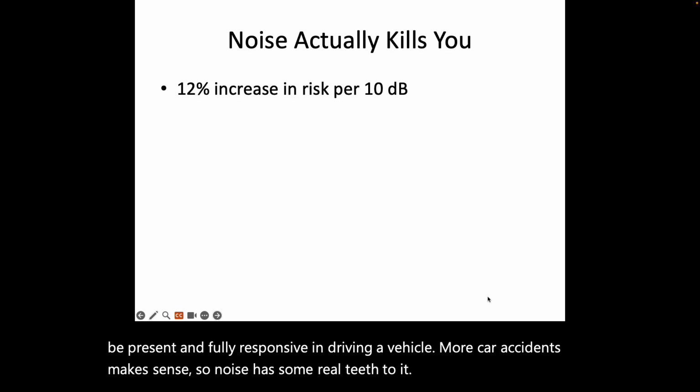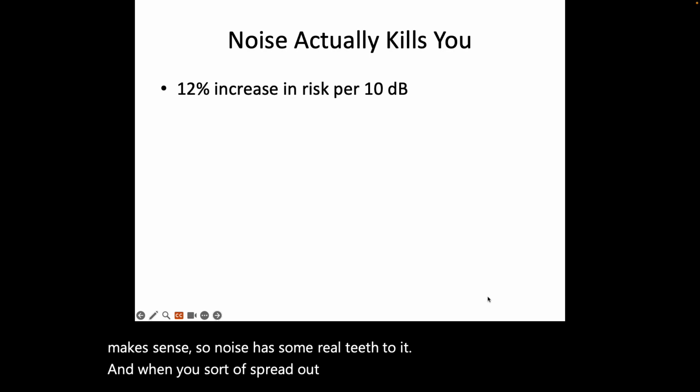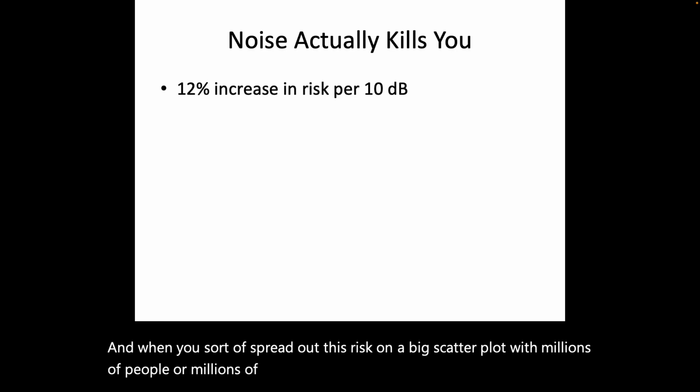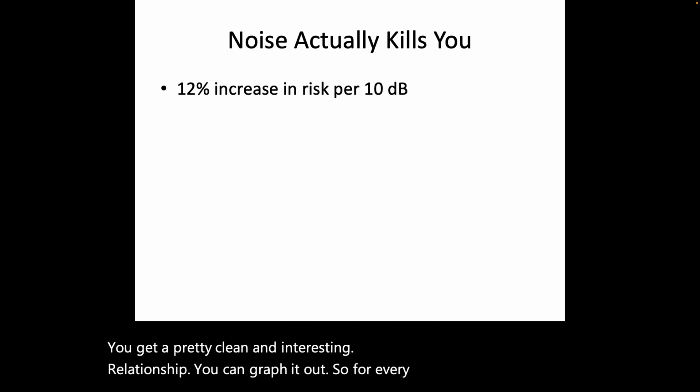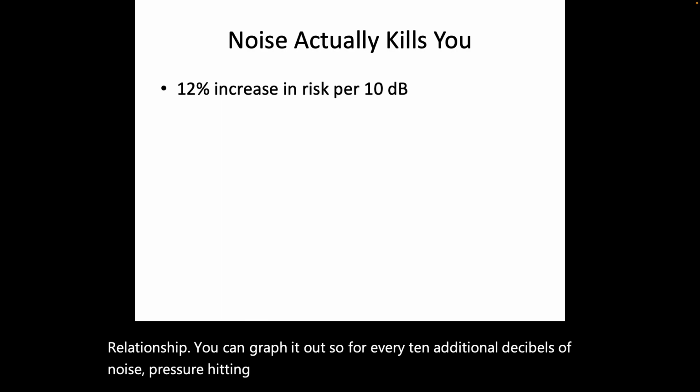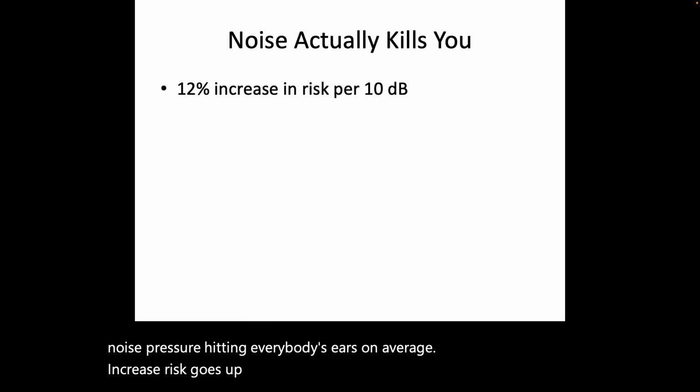And when you spread out this risk on a big scatter plot with millions of people worth of data, you get a pretty clean and interesting relationship. You can graph it out. So for every 10 additional decibels of noise pressure hitting everybody's ears on average, the increase in risk goes up by a factor of 1 in 8, 12.5%.